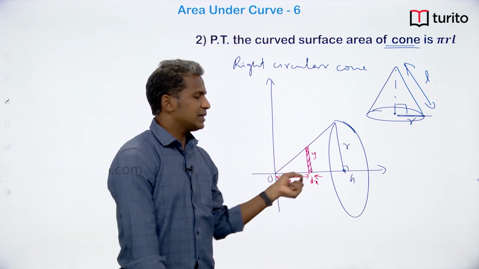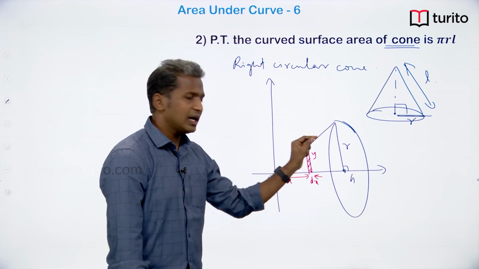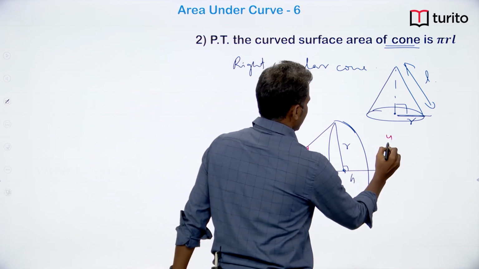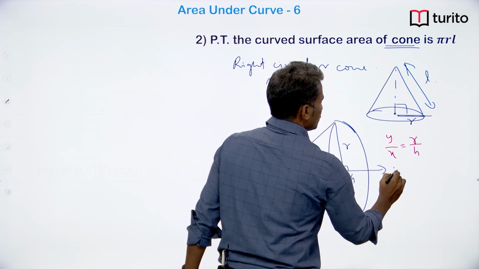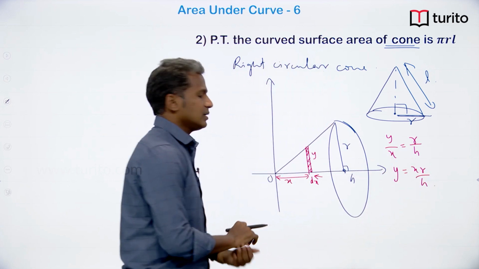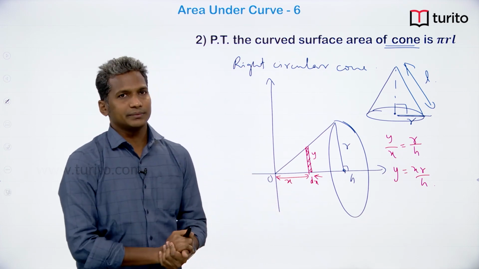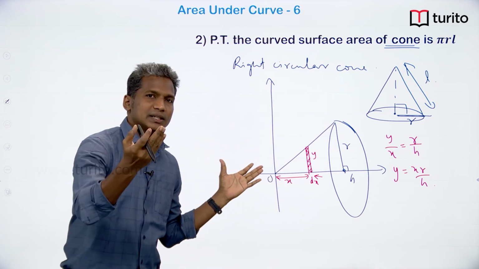Now using similarity, we can directly get a relation between x, y, r and h. Here we can say that y by x is going to be r by h. So y equal to x into r by h. We can take this y in terms of x as the f of x function. Now we will apply the idea to get the surface area.